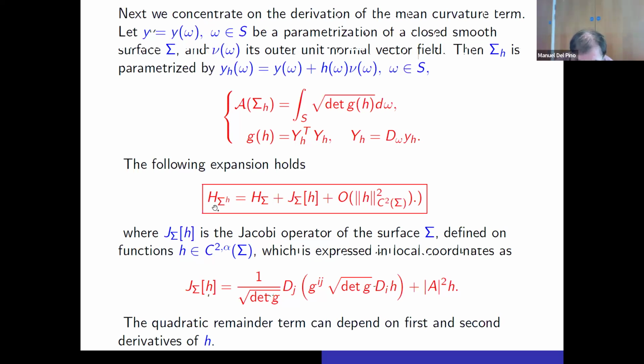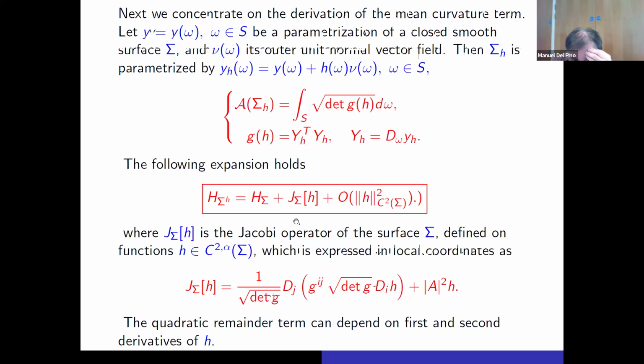You can expand the mean curvature of sigma h as the mean curvature of sigma plus some linear term in h. This linear term in h is a differential operator in h, defined for regular functions h on the manifold sigma, plus lower order quadratic terms. A formula like this holds.